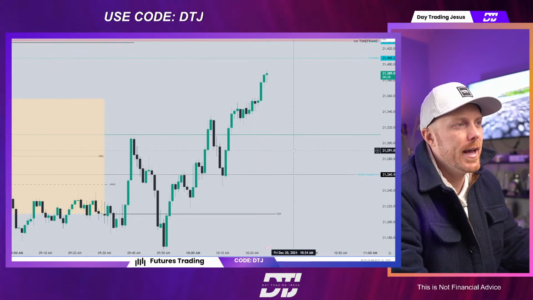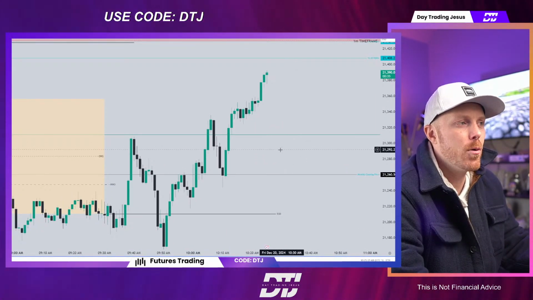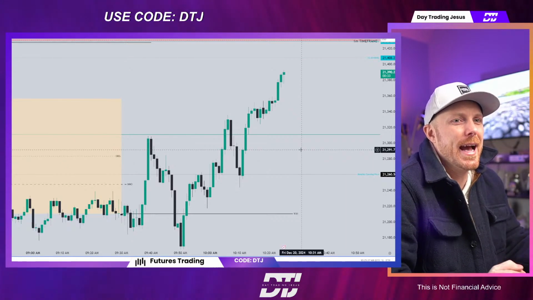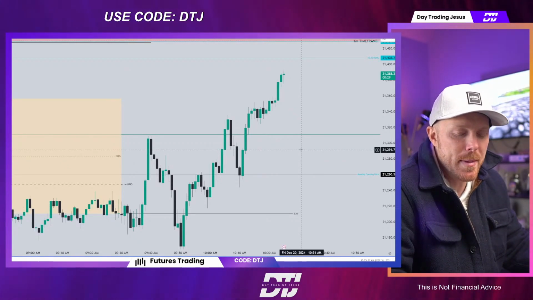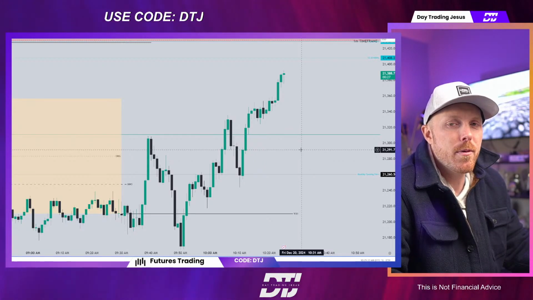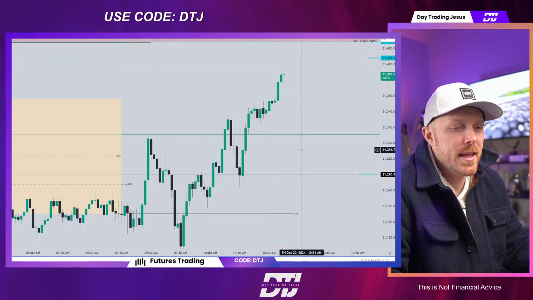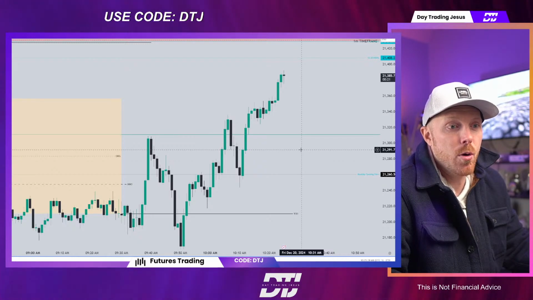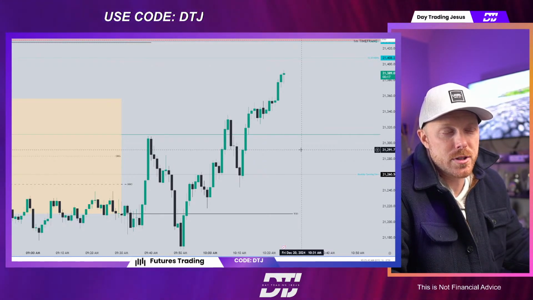So if I am in drawdown by $500, I want to get my account back up to $250 on a reduced size before I go back to my full size. And then I will go back to my full size, even though I'm still $250 in drawdown.